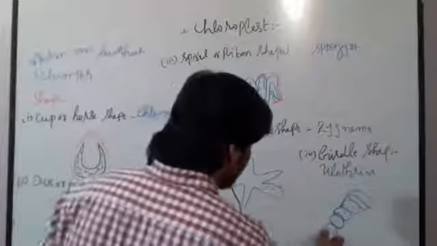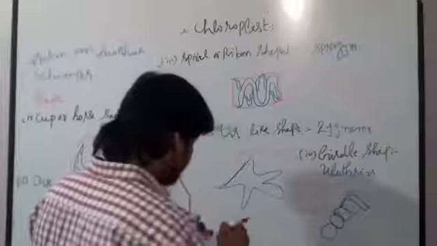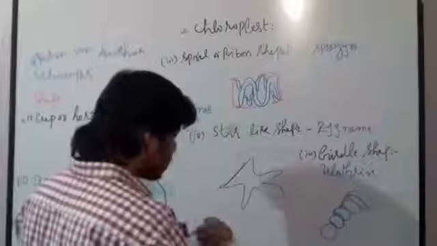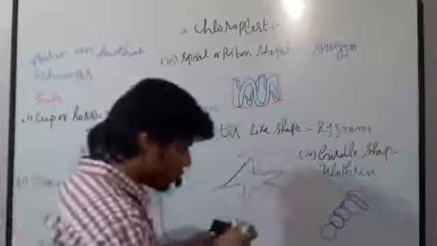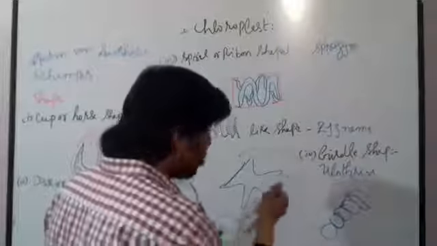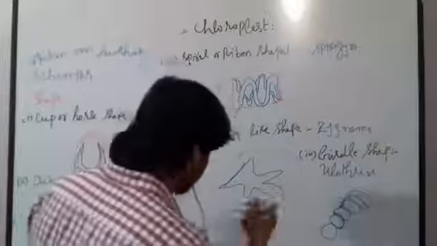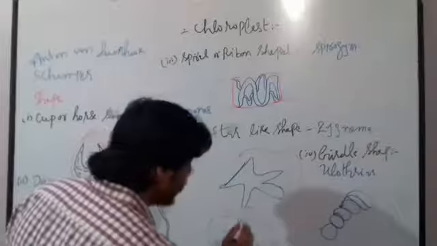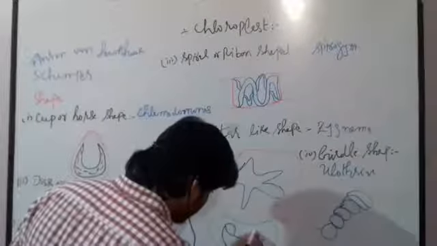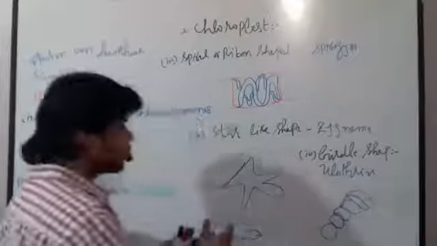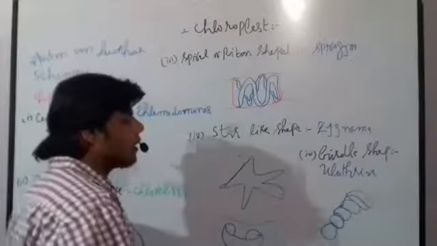If we take just one cell, the shape of the chloroplast will be a girdle-like shape, in this form. So this is the chloroplast of Ulothrix.